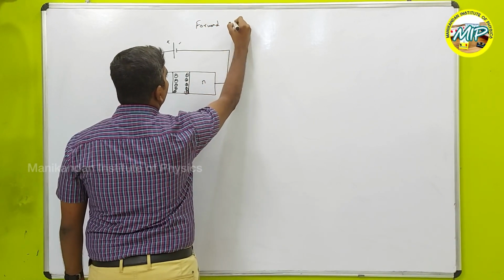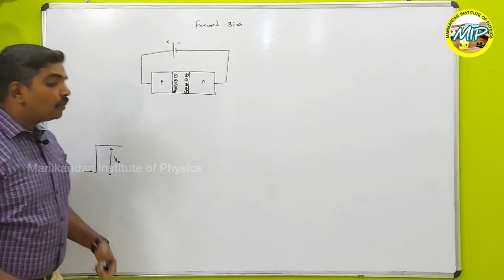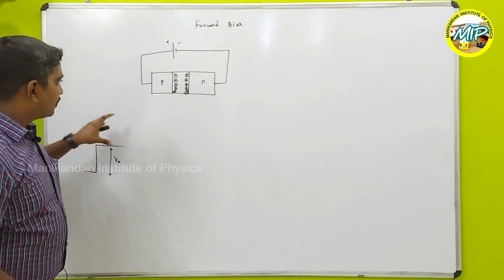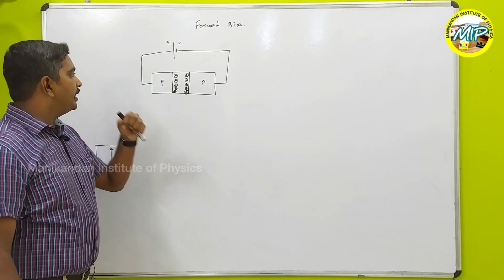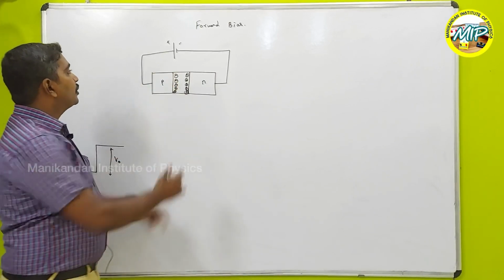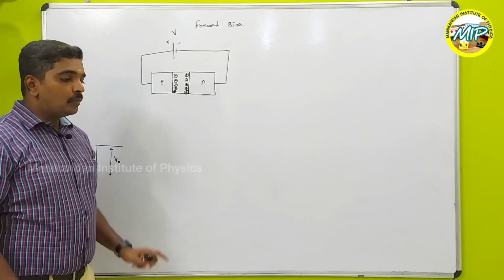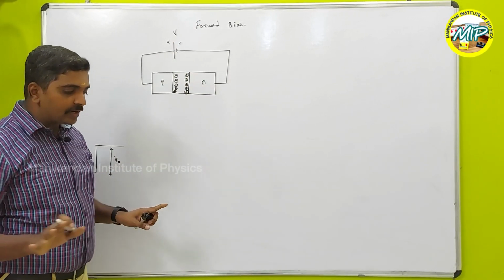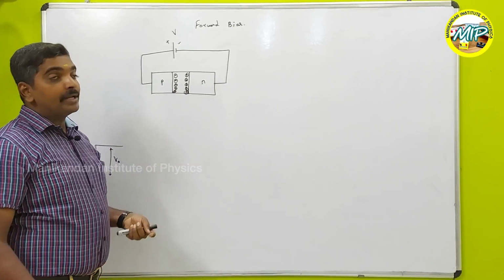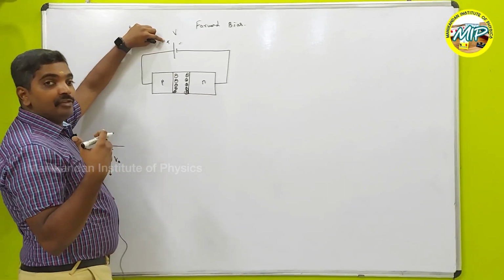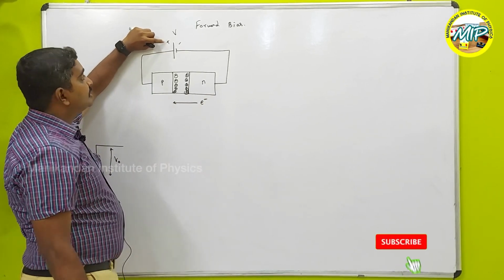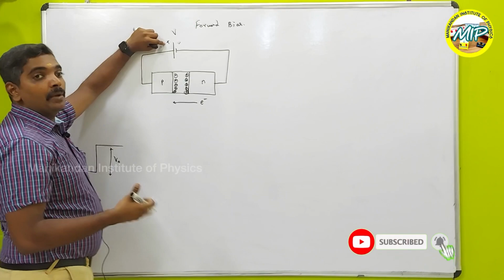Sir, what's happening? There is already a potential, called the stopping potential, a potential difference across the PN junction. My applied potential is called V. Here, this positive charge will attract my electrons from this side to this side and overcome my barrier potential.